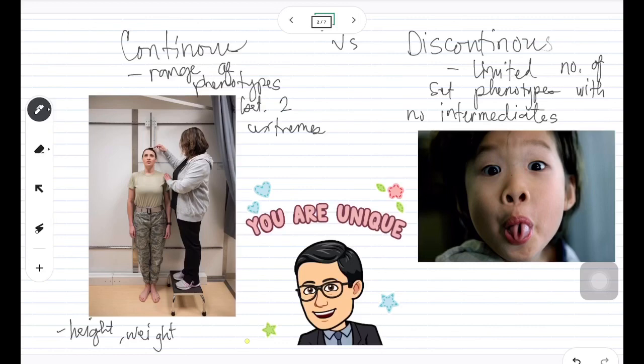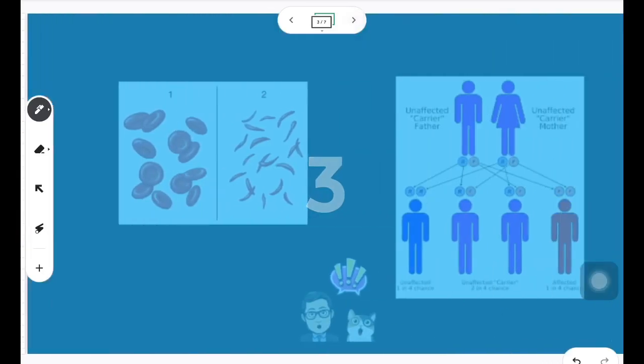If it is discontinuous variation, we have tongue rolling, and of course the blood type or blood types. Right. Let's move on.